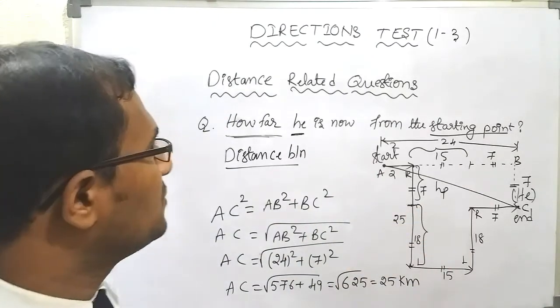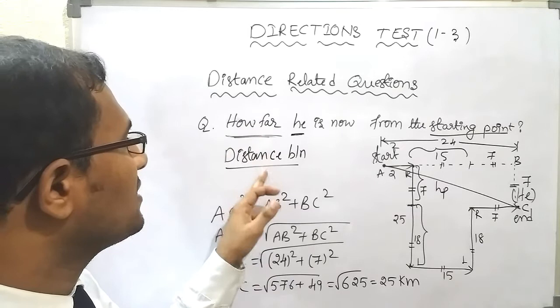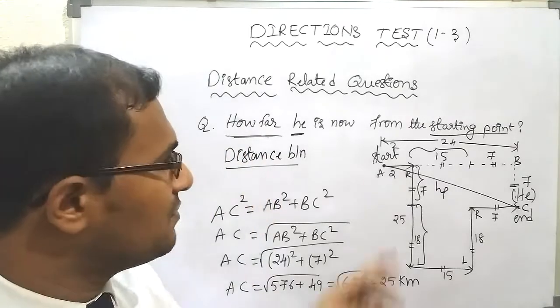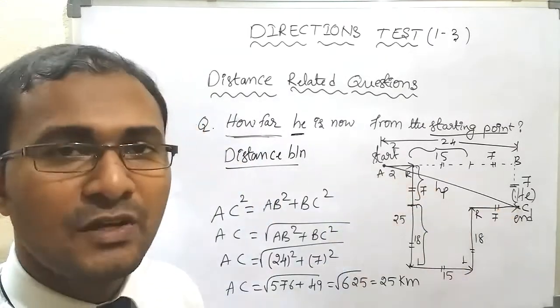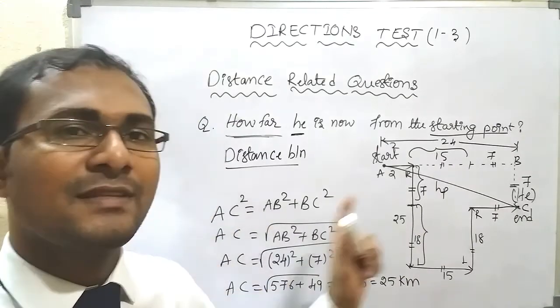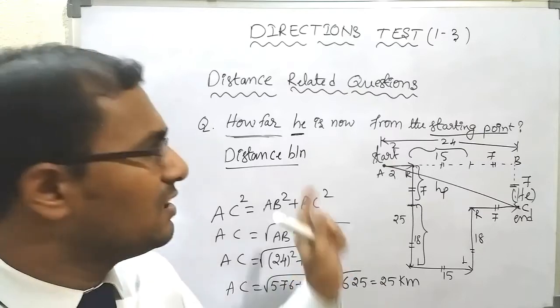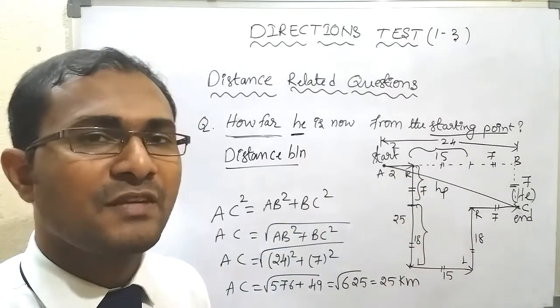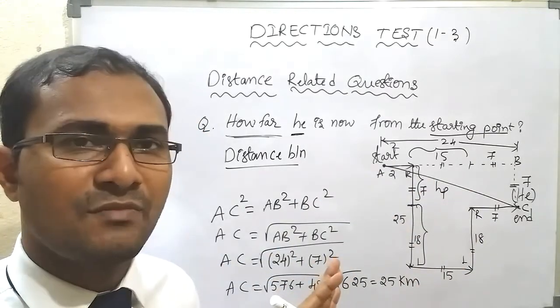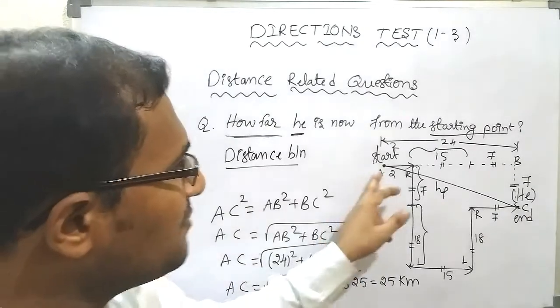So in this way we have to find the distance between the starting point and the ending point. Whenever they give you how far, or distance between, first of all you have to draw the straight line between those 2 points. If there is a slope for that particular line, then frame the right angle triangle; otherwise no need to frame it.